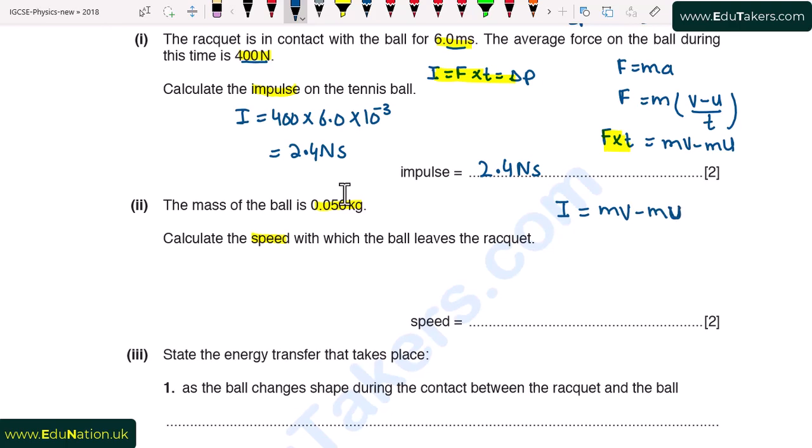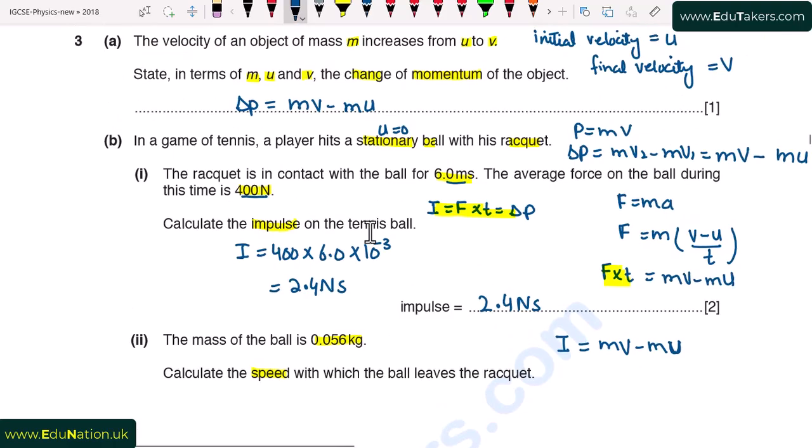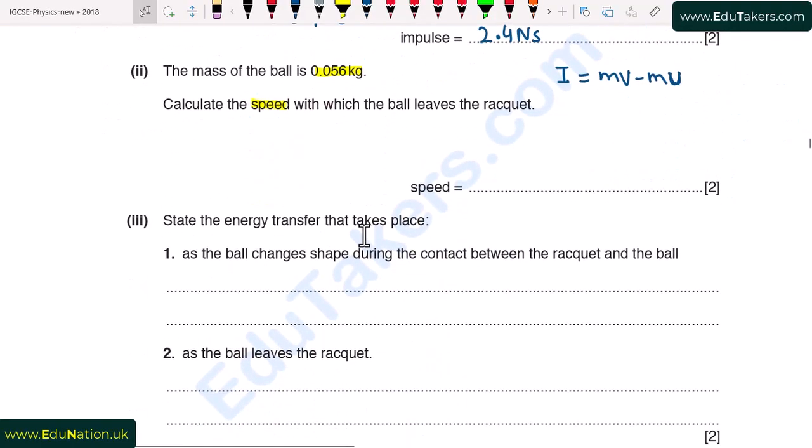This is u. But it is given that a player hits the stationary ball. Means that ball is stationary. Its initial velocity is equal to 0. So the impulse will be equal to mv minus m into 0, that is mv.